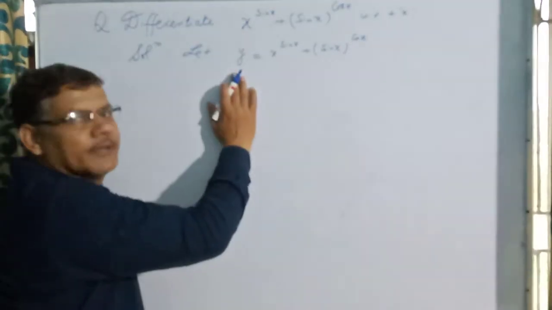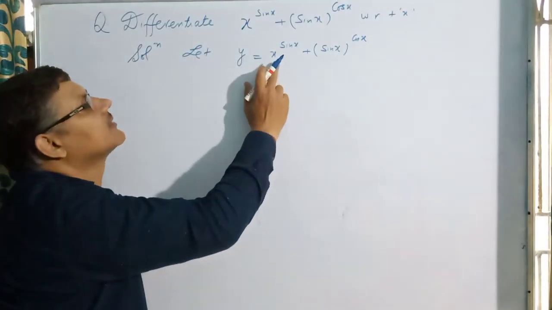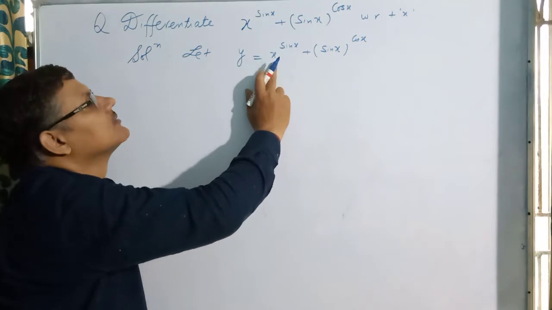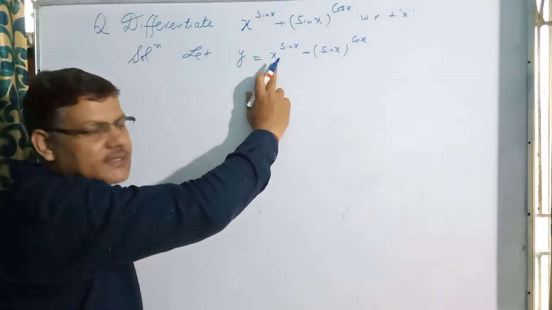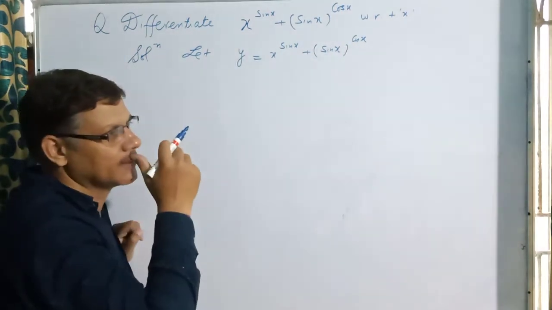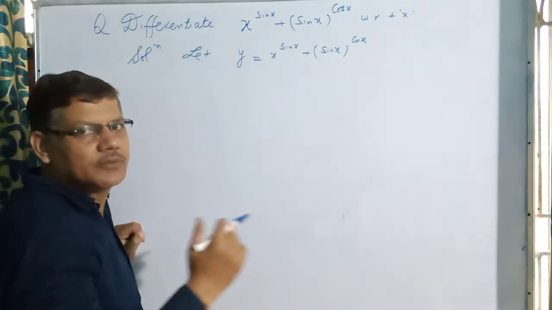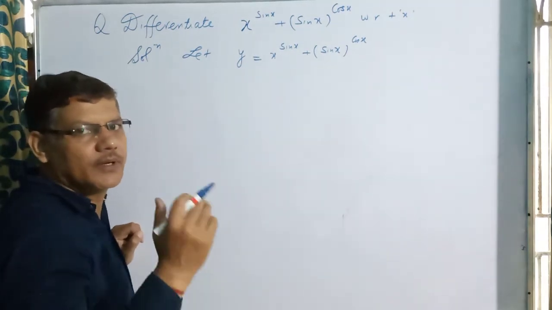We wish to get dy by dx, but if we try to differentiate it, there is no way to use direct formulas since it is a function of functions. So we want to change it into a product of functions, since we have the rule for that.